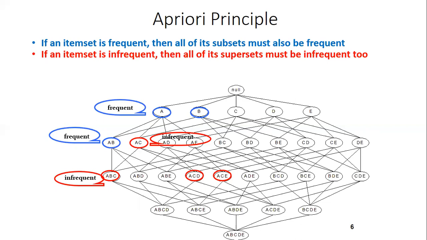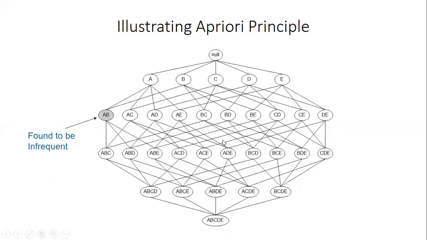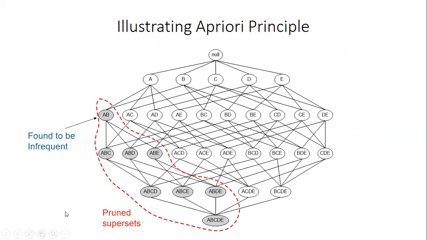In the previous example I gave AB as frequent. Suppose here AB is infrequent. We consider all the supersets of AB: ABC, ABD, ABE, ABCD, ABCE, ABDE, and so on. The entire superset we prune.